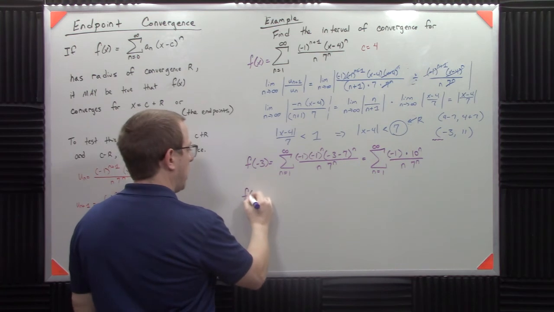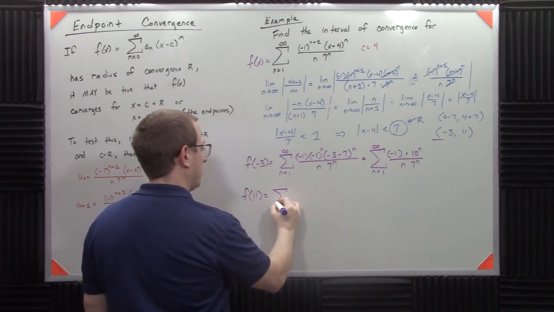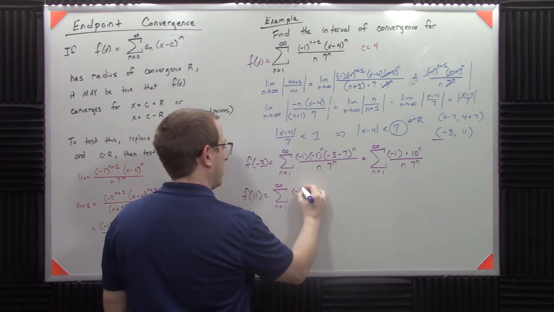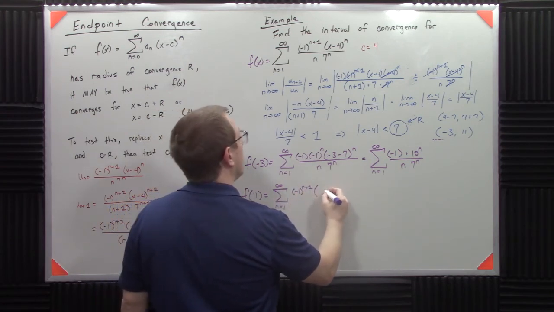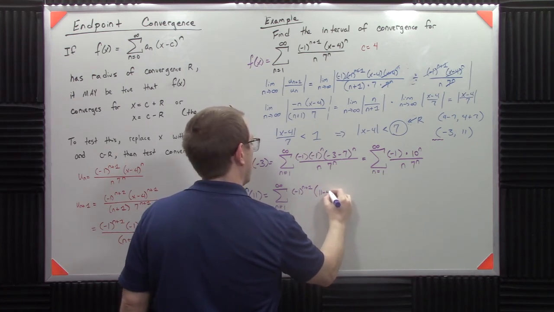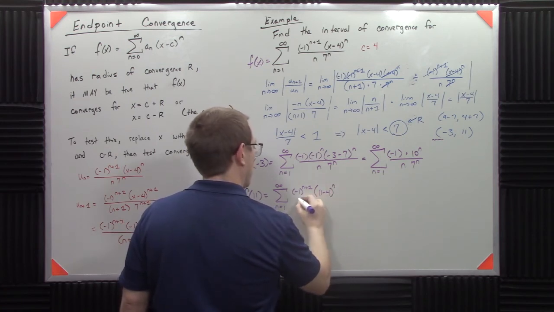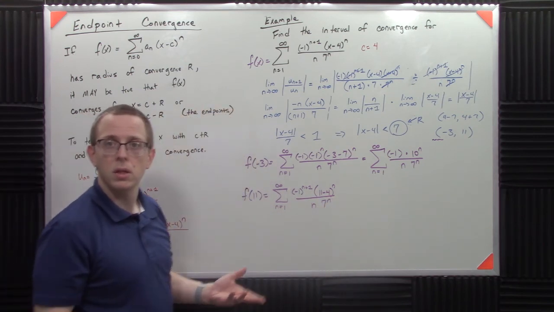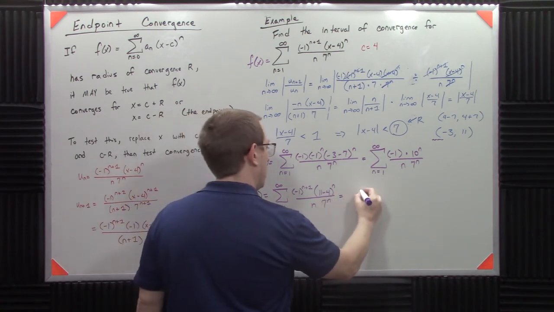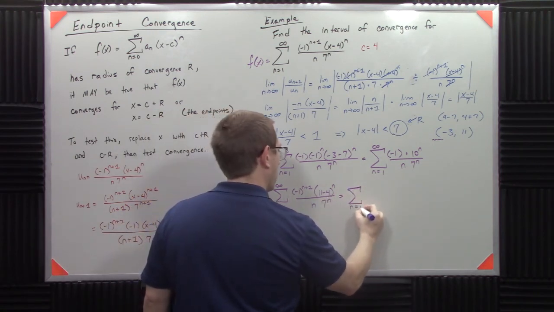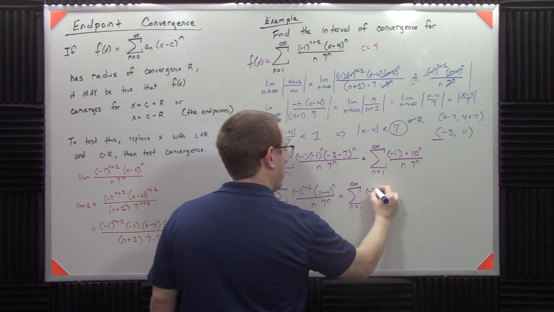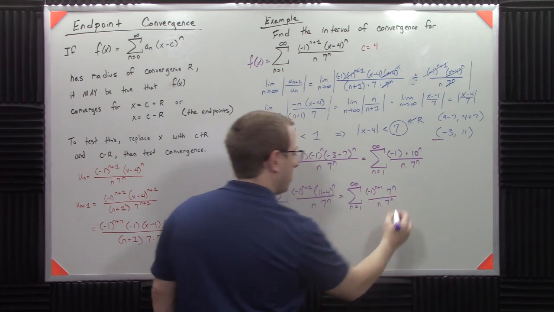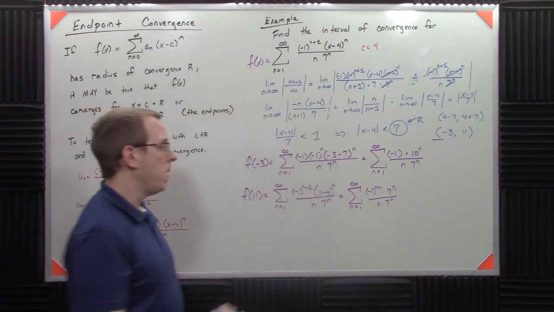However, if I take f of 11, and I plug it in, now I get the sum from n equals 1 to infinity of -1 to the n plus 1, 7 to the n, over n times 7 to the n.